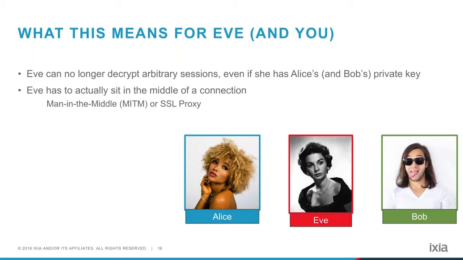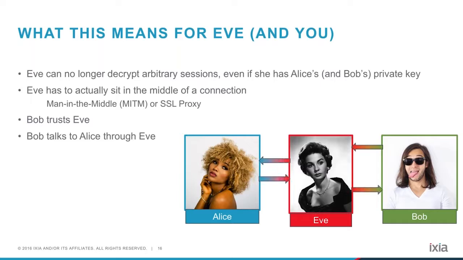Basically, the way it works is that Bob trusts Eve. Bob trusts the encryption keys that are installed on Eve. So when Bob wants to talk to Alice, he explicitly communicates with Alice through Eve. So there's an encrypted connection, the kind of key exchange that we just talked about, although perhaps using ephemeral keys, between Bob and Eve. And then Eve goes and creates a new connection to Alice.